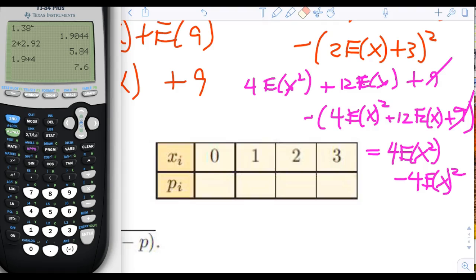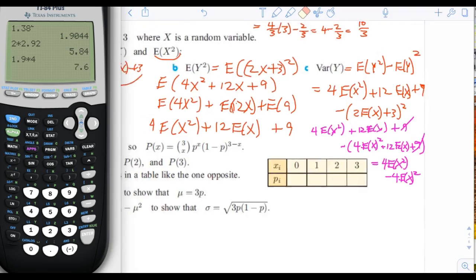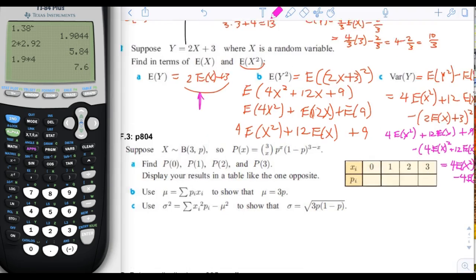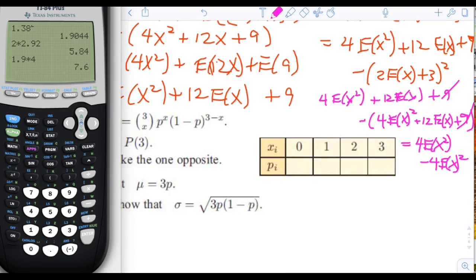Then we subtract E of y squared, which, if you remember, is this expression squared. So if I square that expression, I'm going to get this, minus (4E of x squared plus 12E of x plus 9).